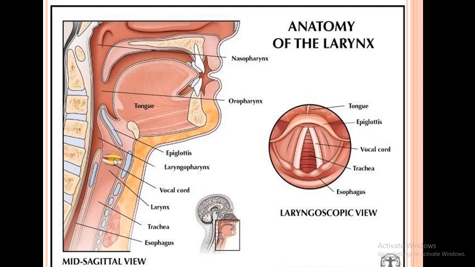This opening you can see, and this opening is covered by a lid-like covering which is called the epiglottis. Epiglottis means over the glottis. It's a lid which covers the opening, and this is an additional protective mechanism to prevent the entry of food into the larynx and into the lower respiratory tract.